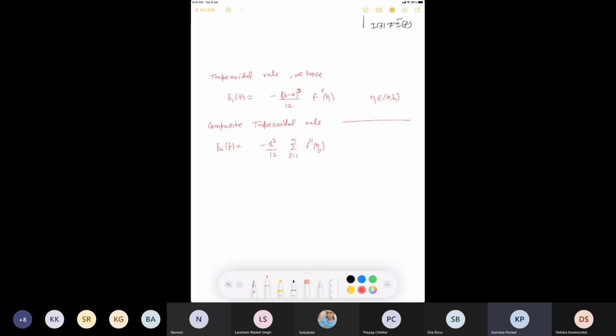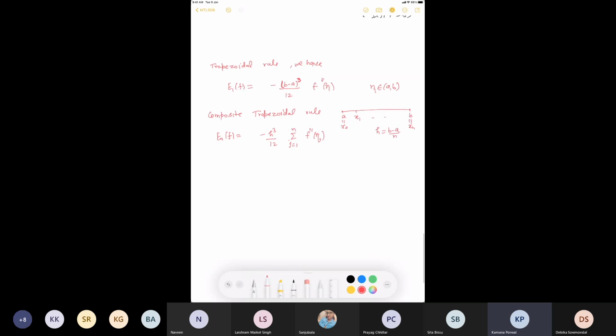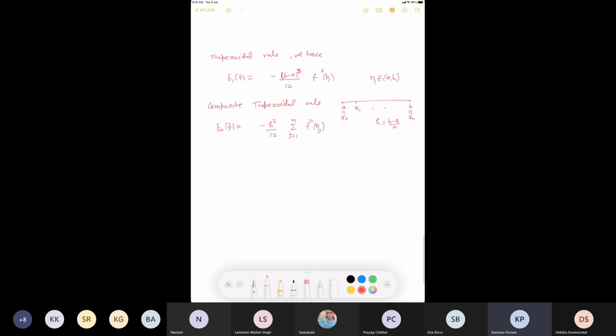This is considering that we are taking a subdivision of the interval ab. So we start with x0, x1, and the last point, which is xn. So h here is nothing but (b minus a) divided by n. Okay, so here, of course, we had just one unknown, right? Eta is any point in the interval ab.